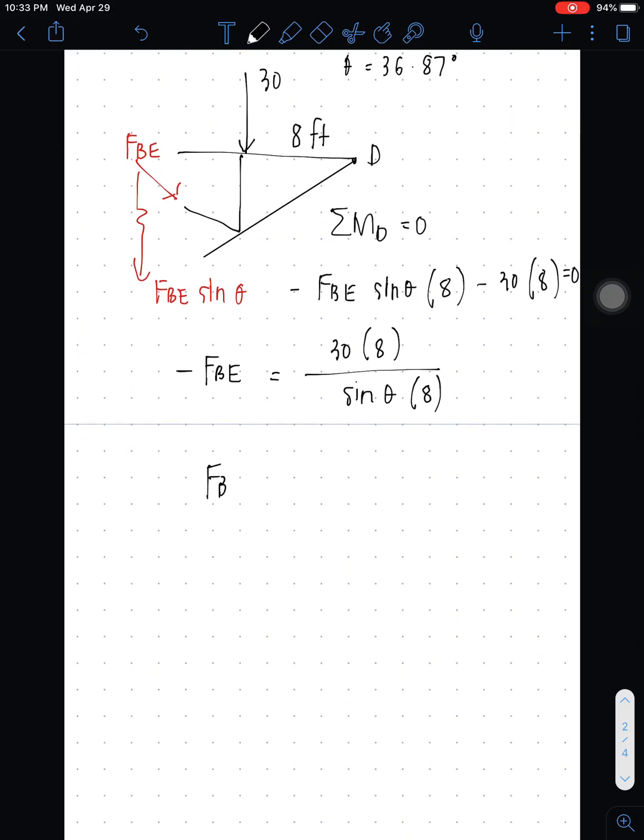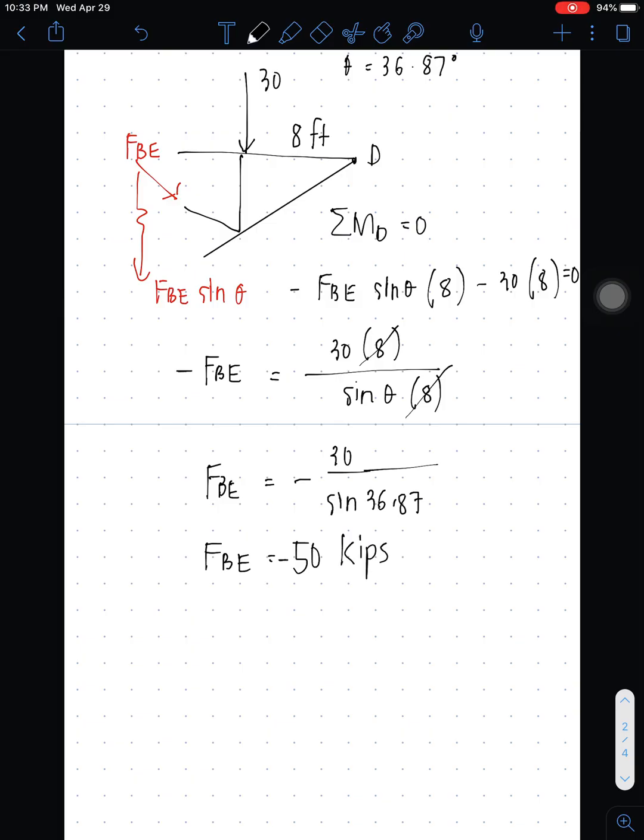So for the force BE, the 8 cancels out, and it is 30 over sine of 36.87. So FBE is 30 over sine of 36.87. That's 49.999, or 50 kips.